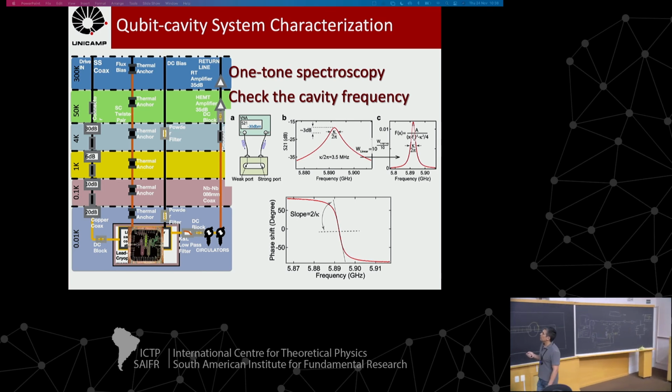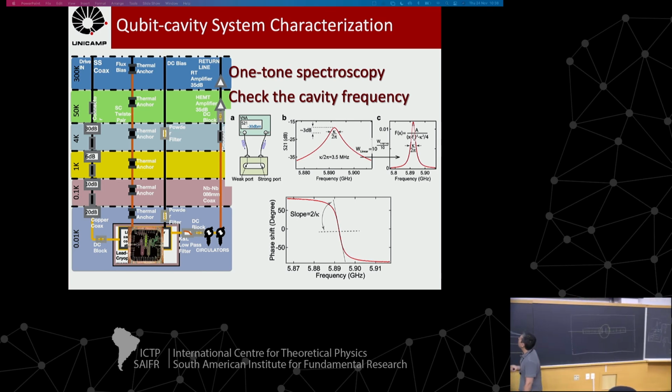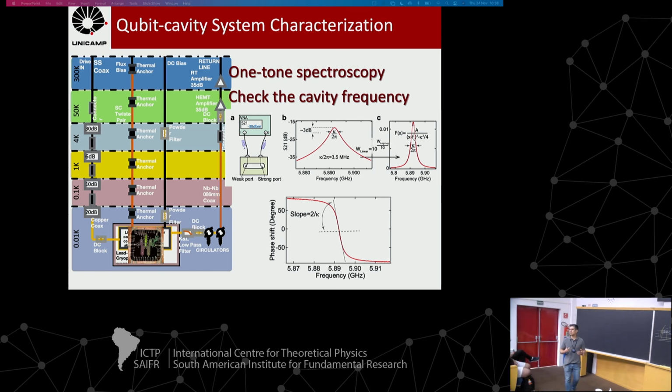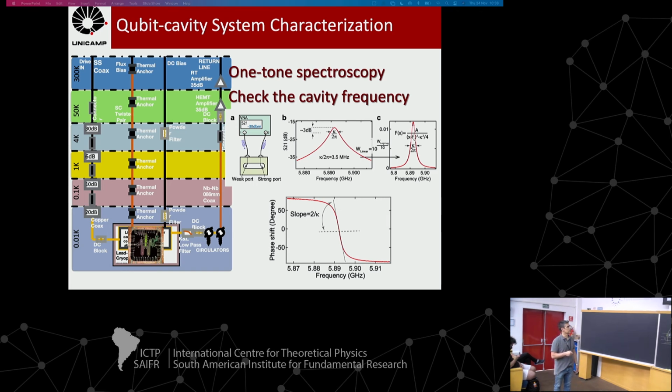We need to put our sample inside of a dilution refrigerator that will give us the environment necessary to see the quantum effects we are looking for. Remember, the energies of the electrical elements here are around 5 gigahertz. So we need an environment where I can see this energy on top of my noise.